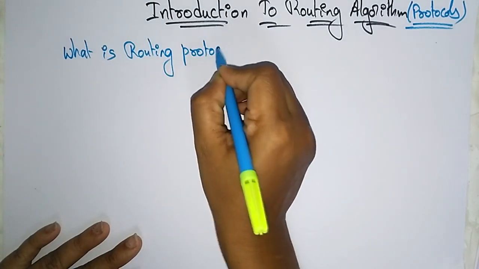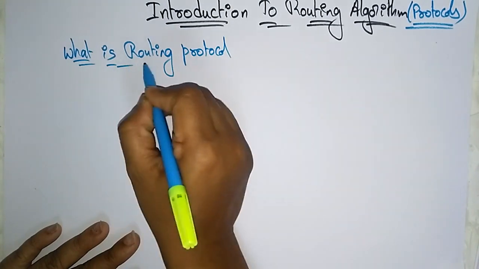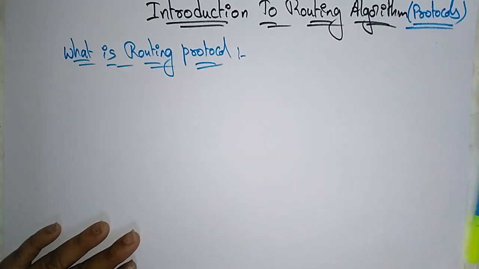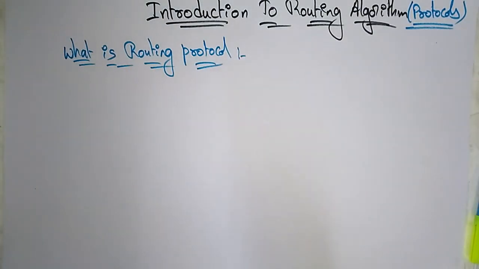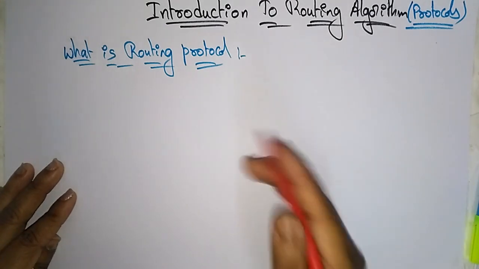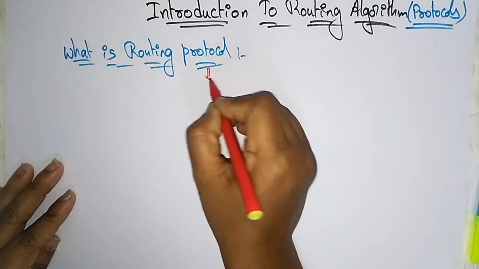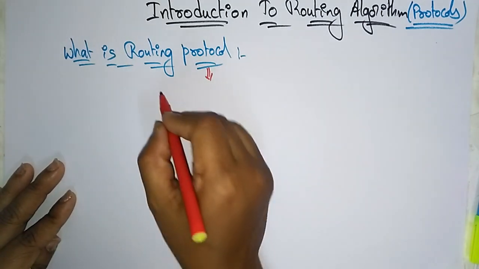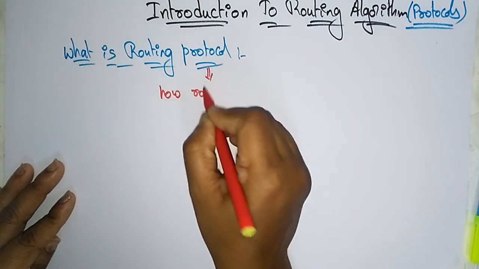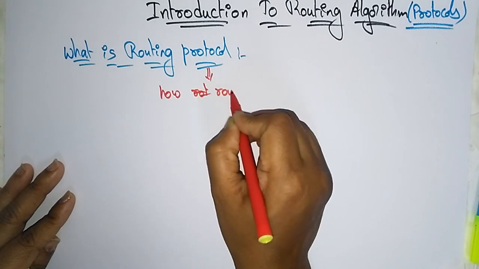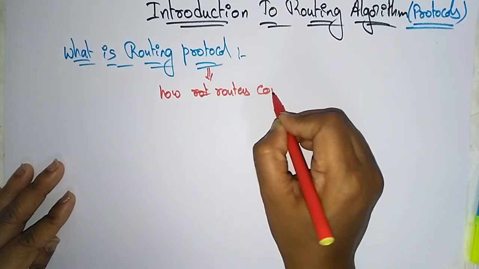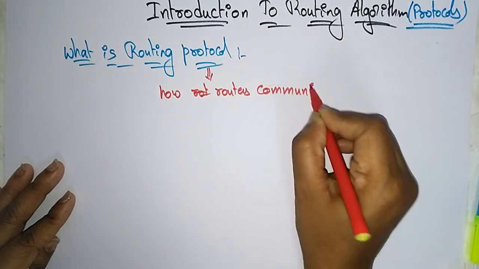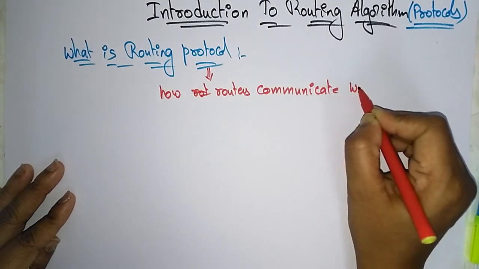If you want to know the different protocols, first you need to know exactly what a routing protocol is. A routing protocol is a protocol which specifies how routers communicate with each other.